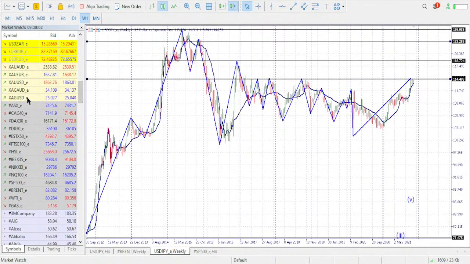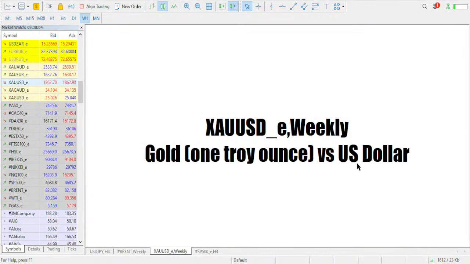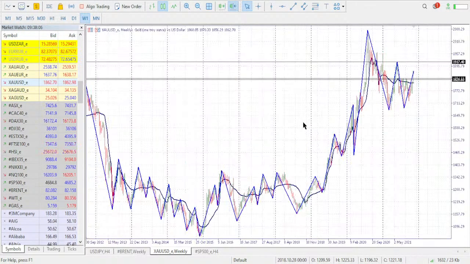Move forward to gold. So on gold, so far you can see here we are in an active uptrend. The price continues to move upwards. The reason I'm saying the price is going to continue up is this. If you check this indicator here, you can see that we had a low here. Then the price went down, formed a fresh lower low here.